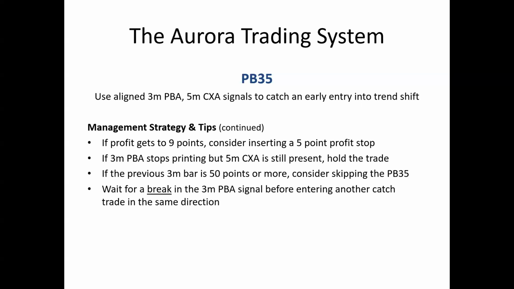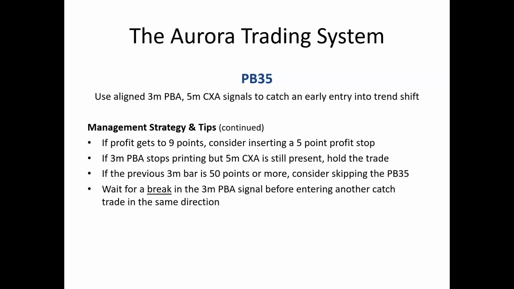So let's just say we have a 50-point bar on the 930 bar, and now the 933 bar is printing, and at 935 we see a possible entry for a Pb35.